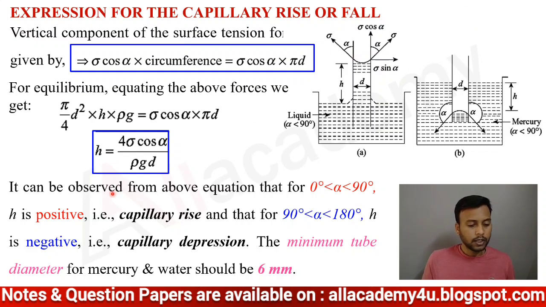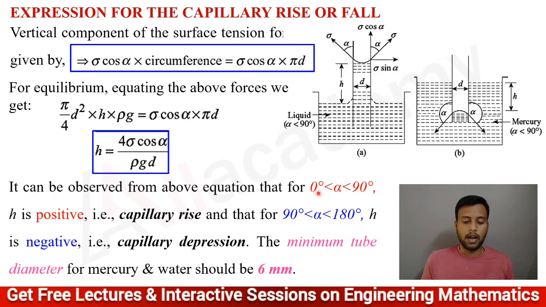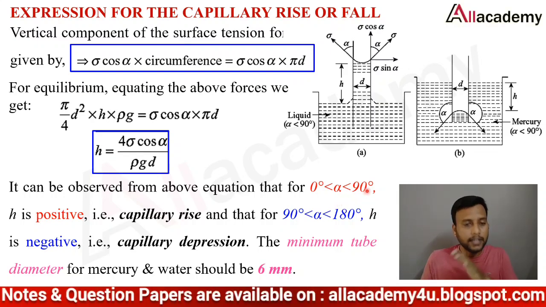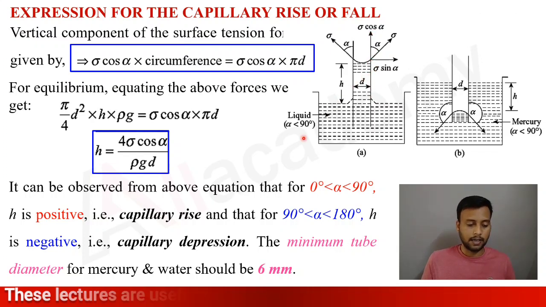Now it can be observed from this equation that if alpha is greater than 0 and less than 90 degrees, that is between 0 and 90, then h is positive, which means the liquid moves in the upward direction, that is a capillary rise.